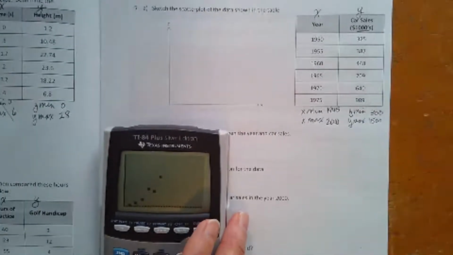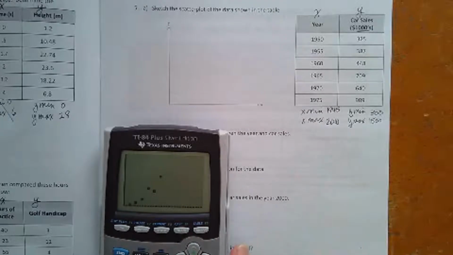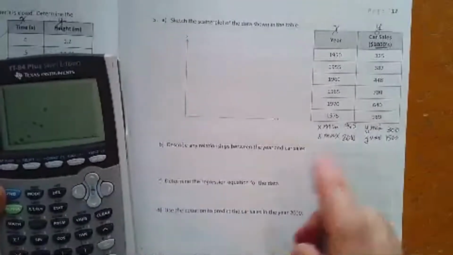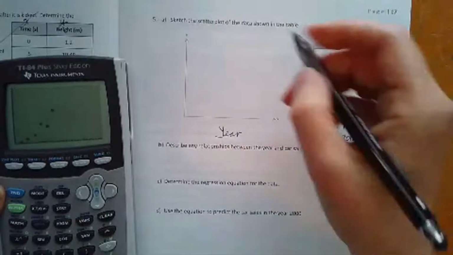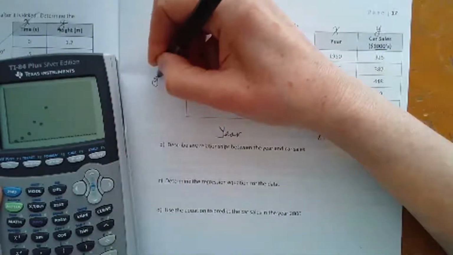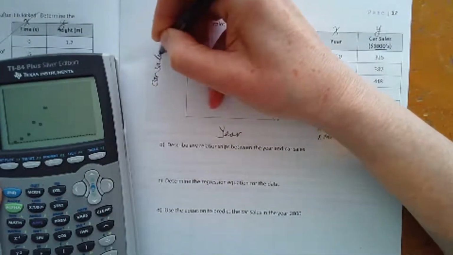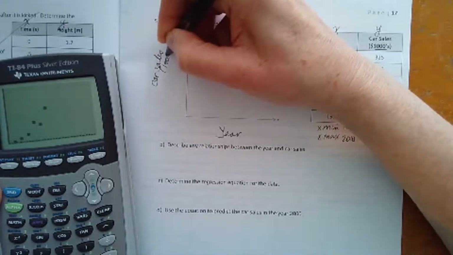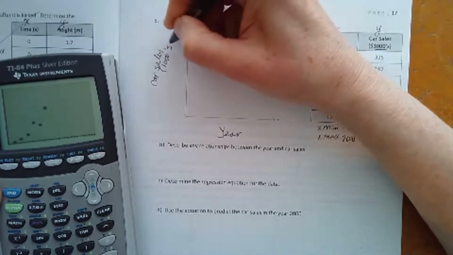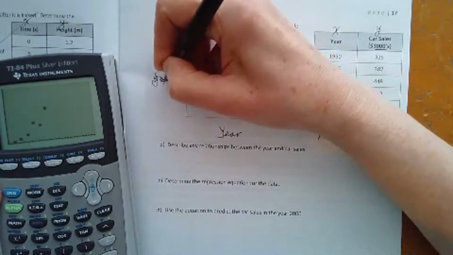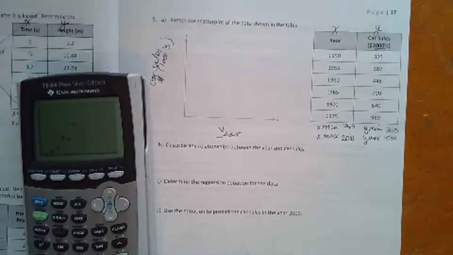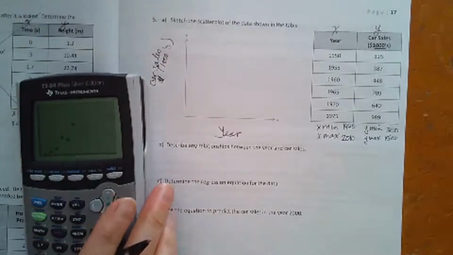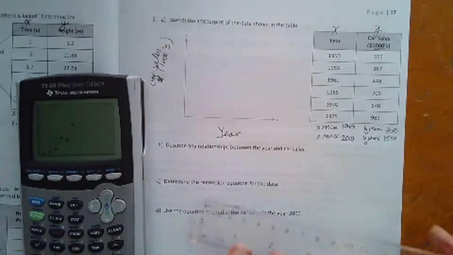Sketch the scatter plot of the data shown. Okay, so remember what scatter plots need? They need a title. So this is year, and this is car sales. Car sales in thousands of dollars. So I have to use a ruler to make sure that I'm doing things properly proportioned, right?